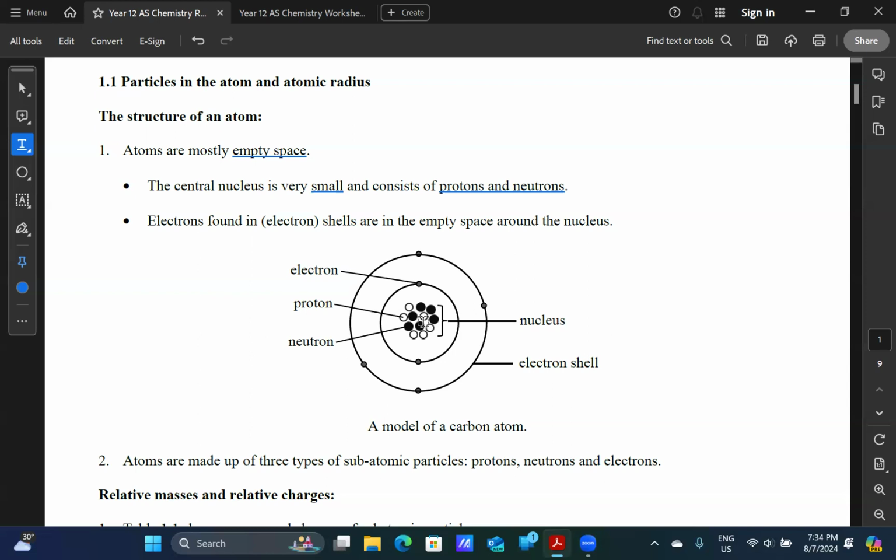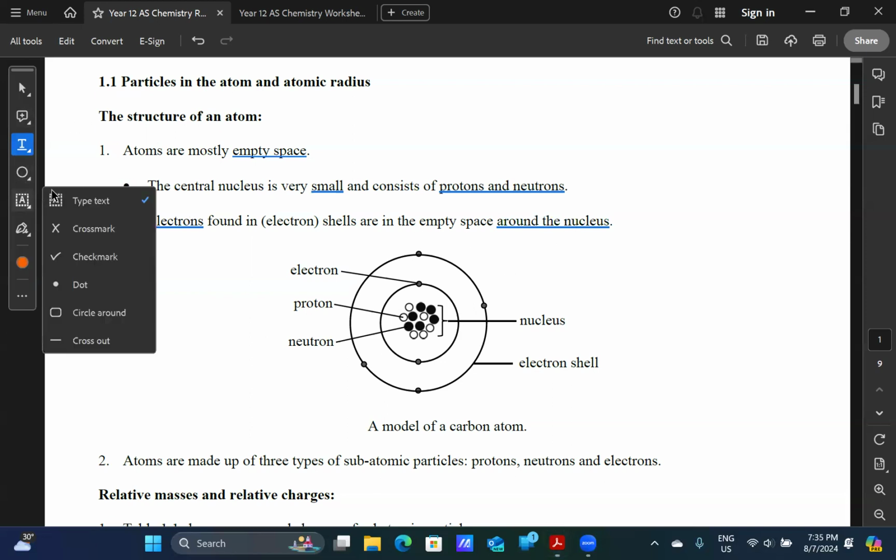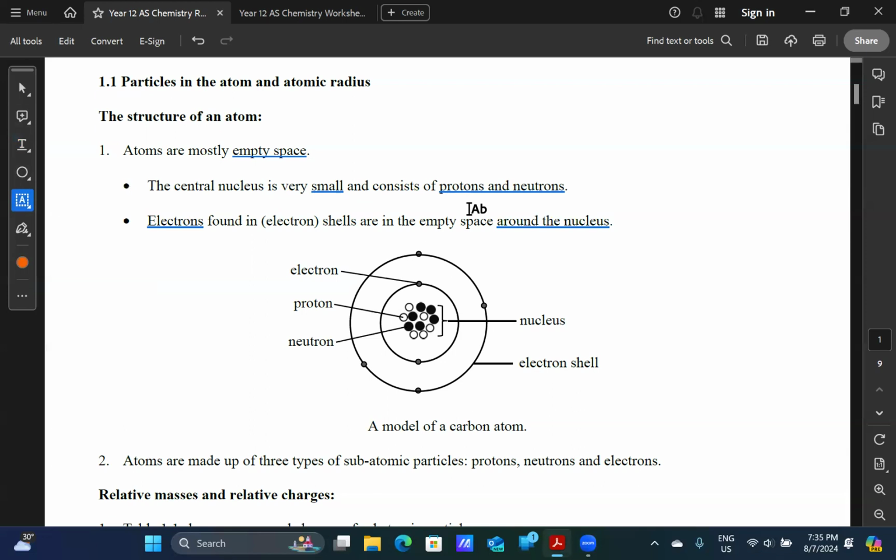Other than protons and neutrons, we have another subatomic particle that also makes up one atom, called electrons. Electrons are not inside the nucleus, but around the nucleus. Around the nucleus is the same as the word outside the nucleus.